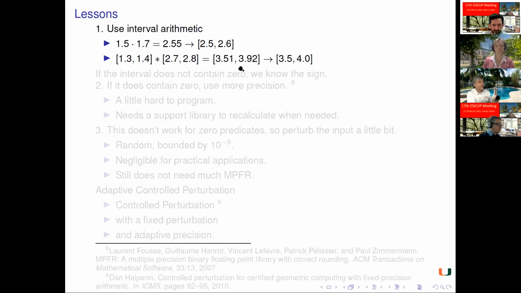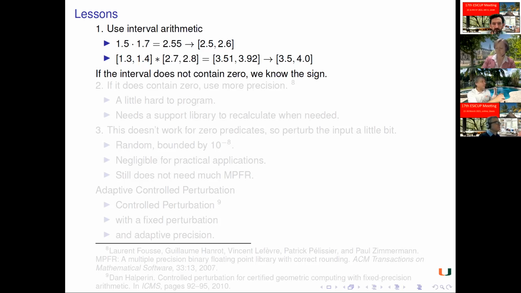Well, so what? Remember, we need to know the signs of predicates. You don't know what the number is, but you know it's between 3.5 and 4.0. So it's definitely positive. And that's just what you need to know for computational geometry, that something's positive or negative. So we know the sign.